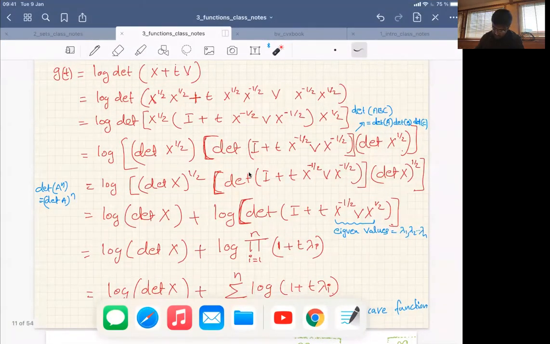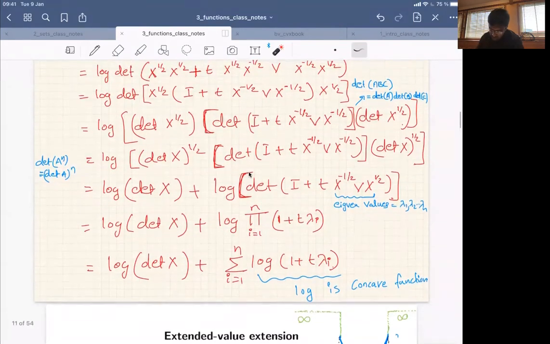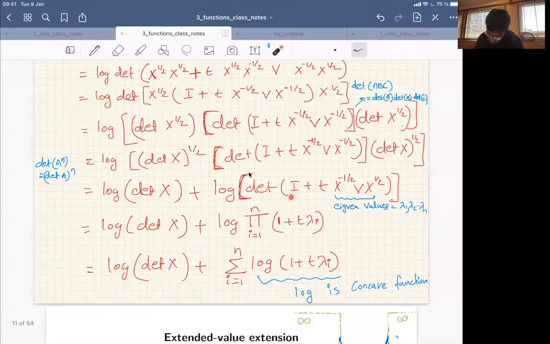Now the next trick is here. We have a determinant of a matrix. This is our matrix here. If I know the eigenvalues of this matrix, I can find the determinant. What will be the determinant? It's the product of the eigenvalues. So I assume that this guy has eigenvalues lambda 1, lambda 2, up to lambda n.